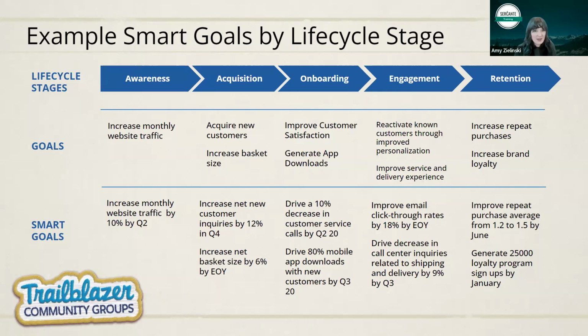So we have a measurable number of 12%. In Q4 is our time-bound piece. And we know that we want them to be net new customers, which is very different than existing customers. We want to increase net basket size by 6% by end of year. So we want to upsell. We want to sell more products.